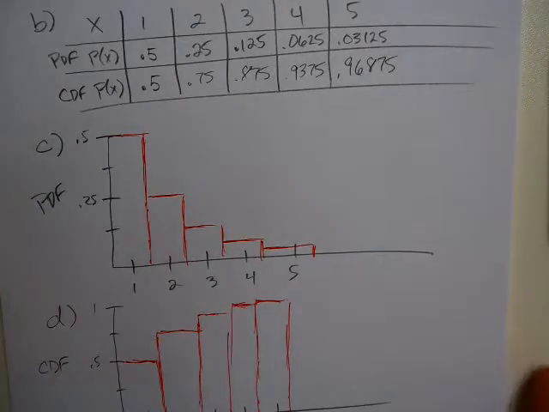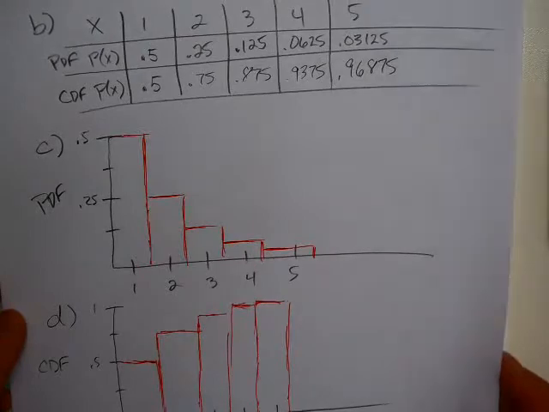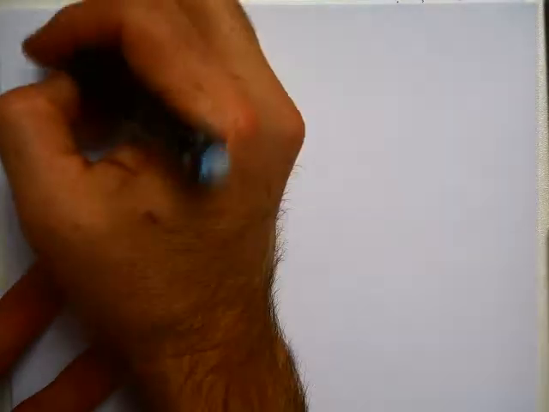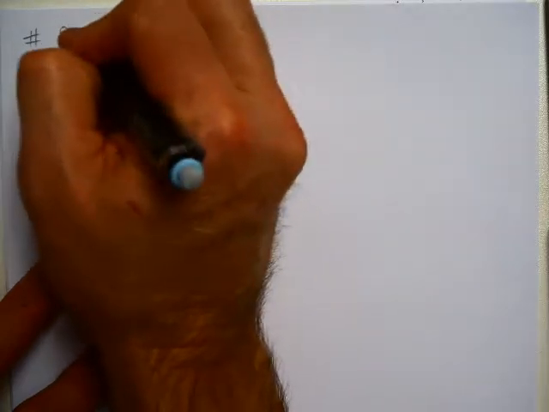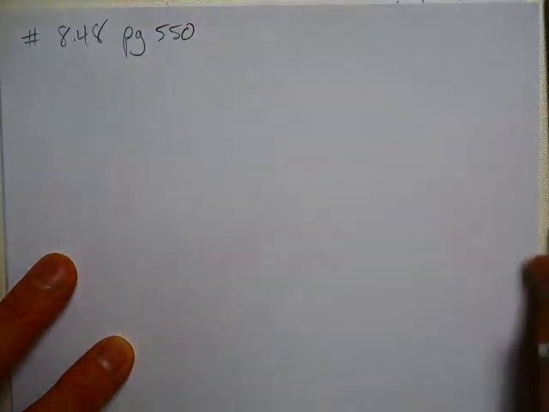Okay. Let's look at one more problem before I set you guys loose. It's a fairly short one. We are on page 550, number 848. It's a little bit more calculatory, but it's a little tricky too.